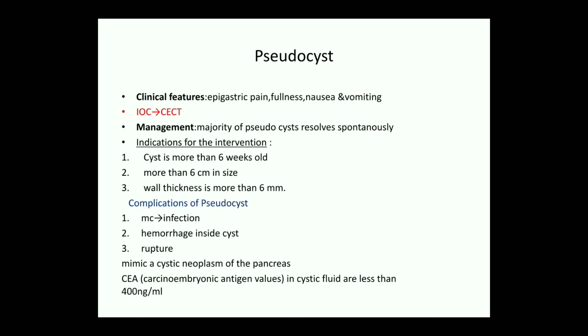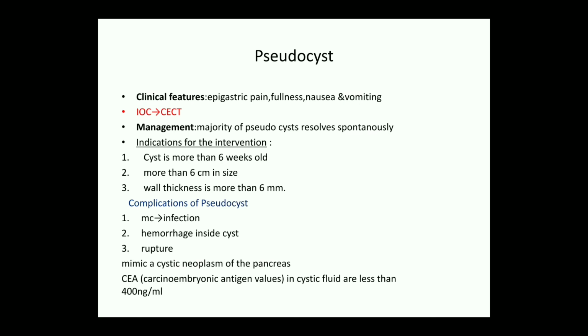So the clinical feature of pseudocyst is that the patient will come with epigastric pain. Basically in the lesser sac, which is behind the stomach, there is fluid collection, so it will be pushing the stomach to the anterior abdominal wall, causing epigastric pain, feeling of fullness, and nausea and vomiting. As in acute pancreatitis, the investigation of choice in pseudocyst will be CECT.